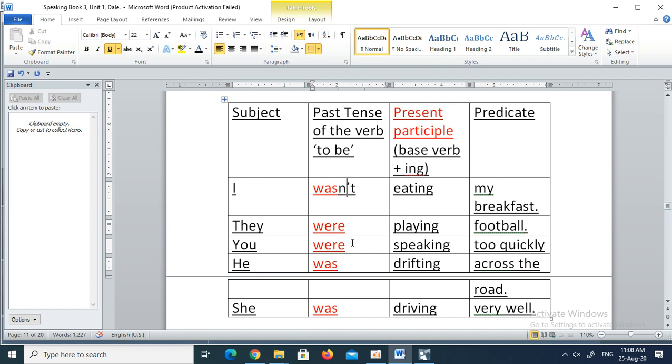If the positive statement was you were speaking too quickly, very simply, I want to make it negative. All I do is put an nt and it becomes you weren't speaking too quickly. So that is a very simple way to change from positive to negative.